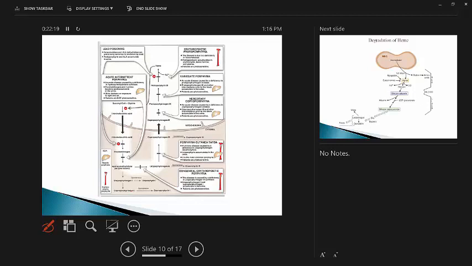So now let's take a look at what happens with porphyrias. Where are you going to be making your primary place that you're going to be making heme?